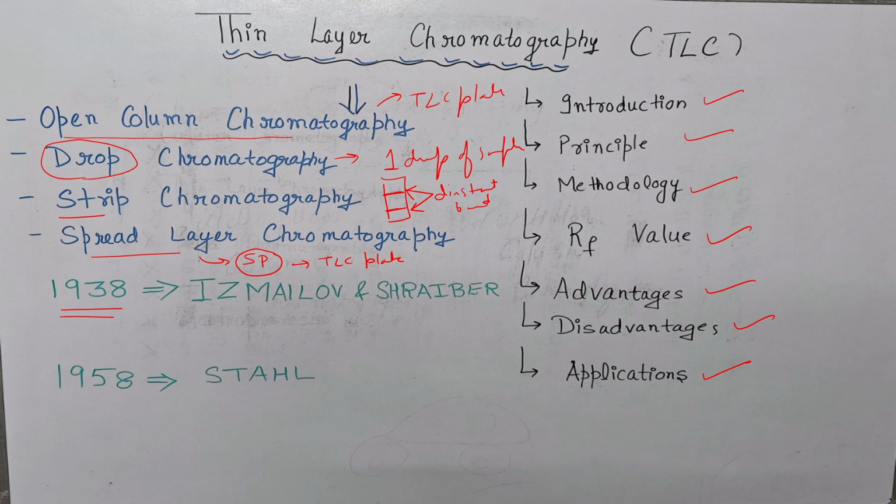It was first discovered in 1938 by the scientists Ismailov and Schreiber. They separated plant extracts and used a 2 mm thick and firm layer of alumina, and the separation was achieved on a glass plate.